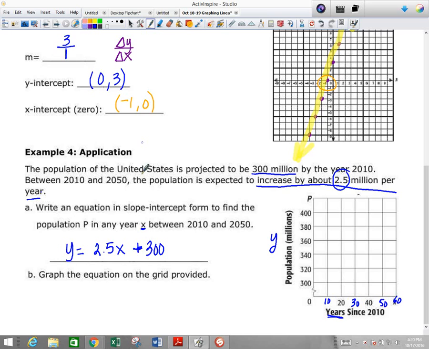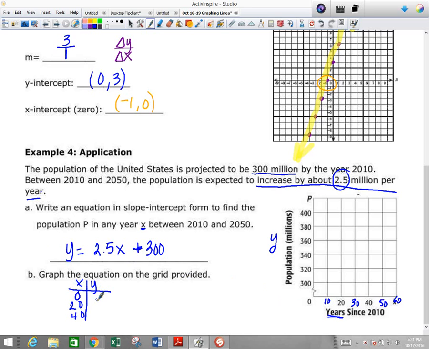So if we plugged in year 0, we know that the y-intercept is (0, 300). Matter of fact, let's just make a table so we can model that. All right, so x is 0, and then using our numbers from the table, 0, 20, and 40.